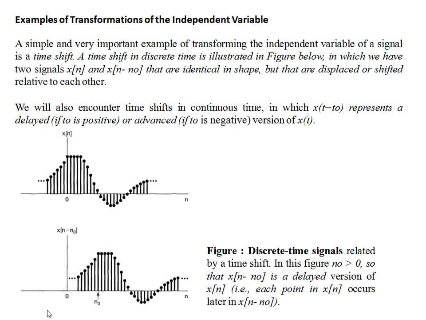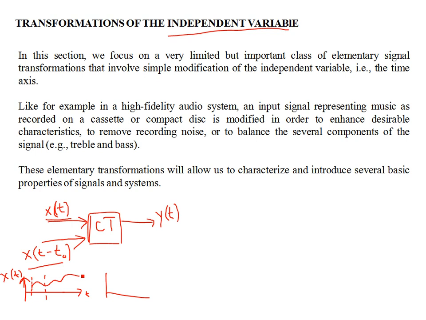So instead of starting from the time reference over here, it's going to start from here, and then the amplitude stays the same. So this is your x of t minus t naught.